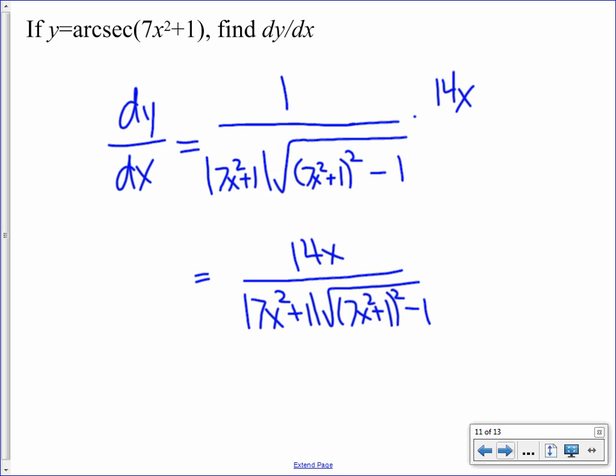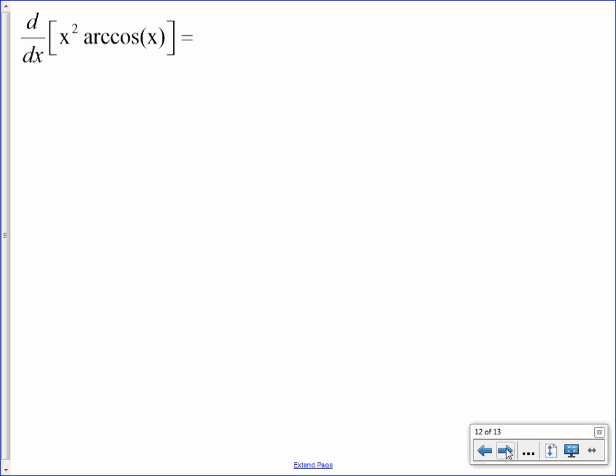Last example of Unit 2. Are you ready? It's not scary. Oh, Jimmy said product rule. Do you agree? We have x squared times arc cosine x.